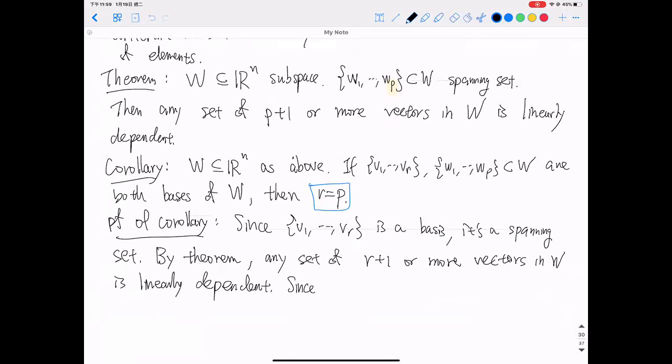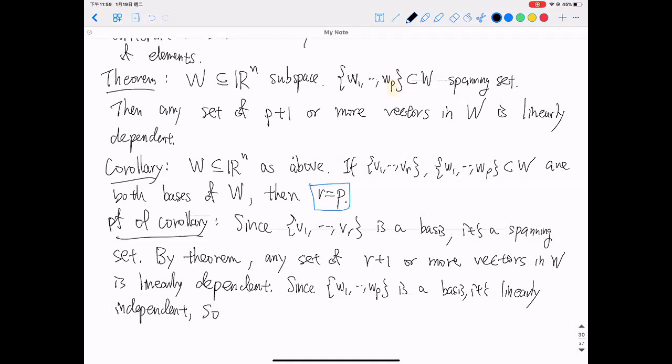Now, since W1 through WP is a basis, it's linearly independent. So it cannot have R plus 1 or more vectors.